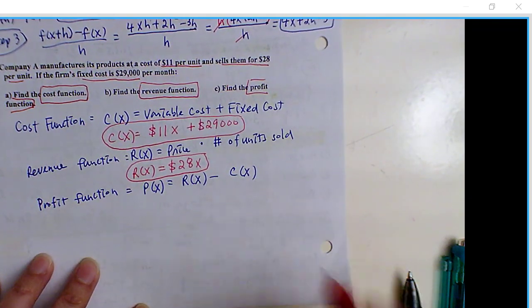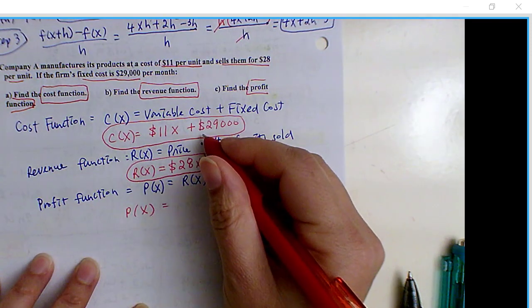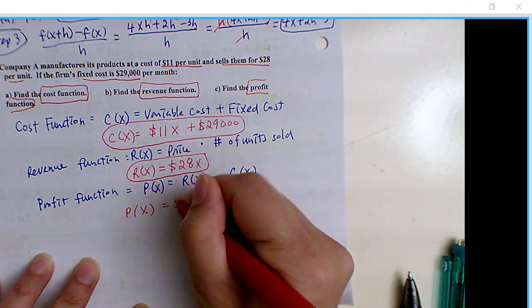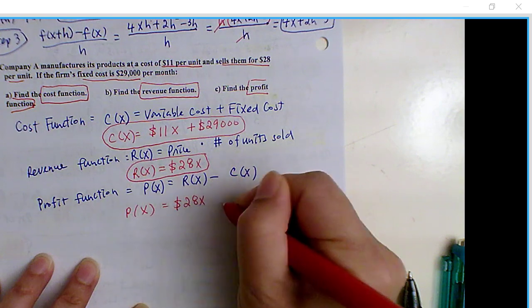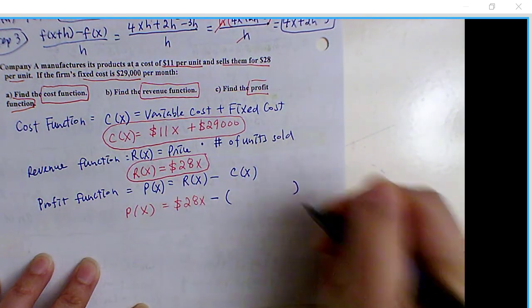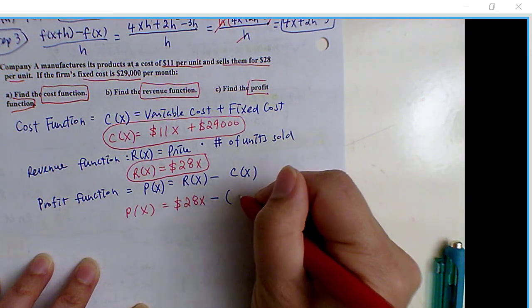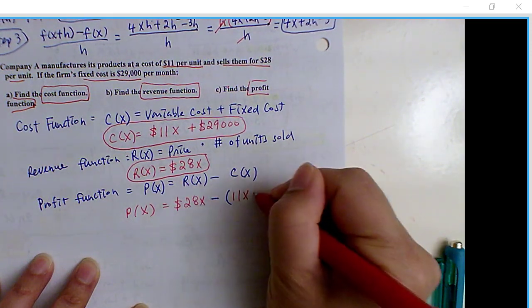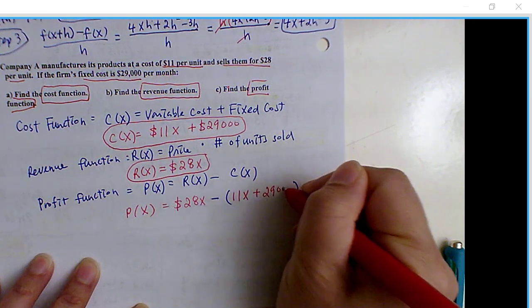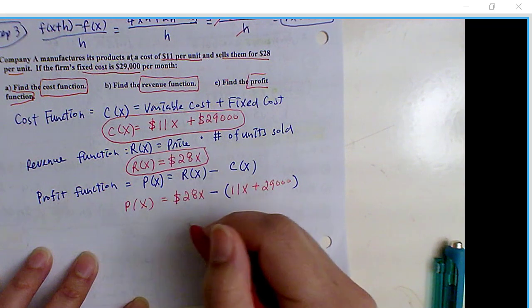And to find the profit function, P of x, we just need to use the revenue function, which is 28x. Subtracting the cost, you have to be careful because the cost function has more than one term, right? So put that in a parenthesis, subtracting 11x plus 29,000, which means you have to distribute the negative inside, right?